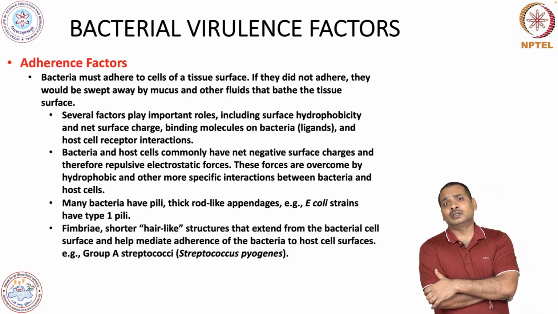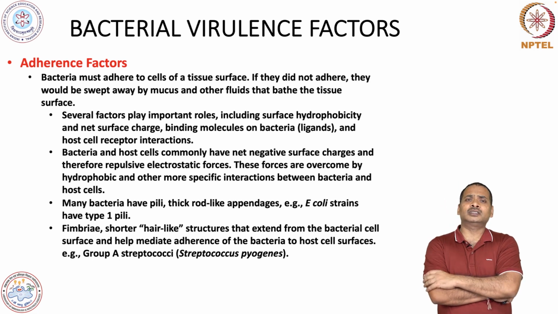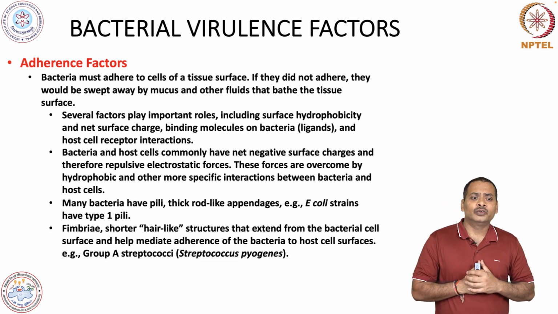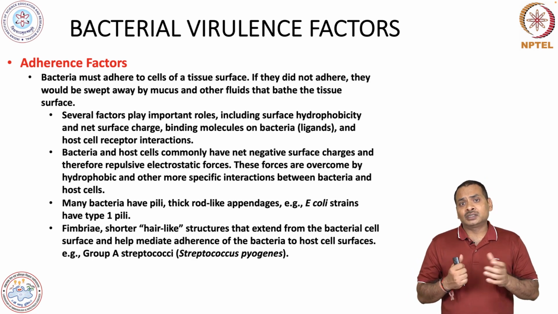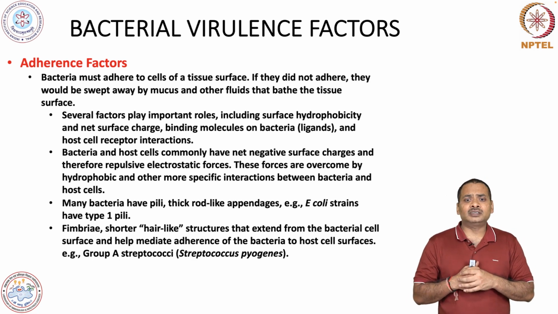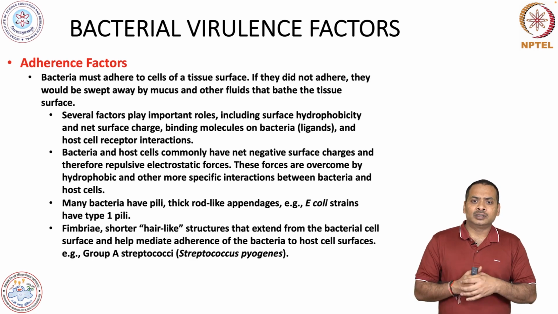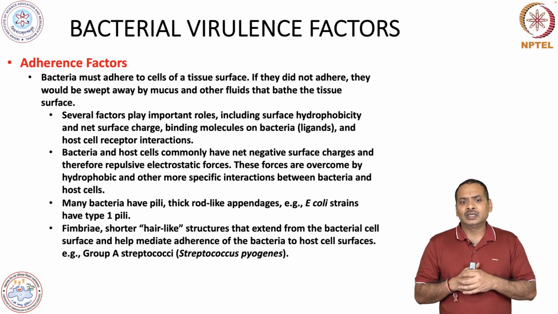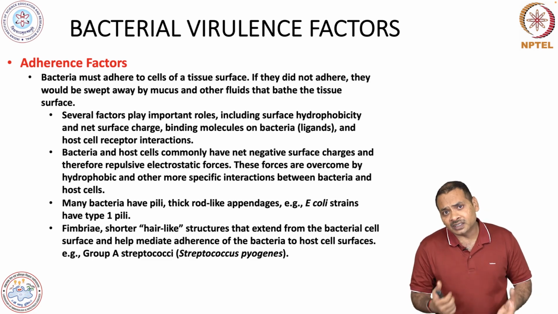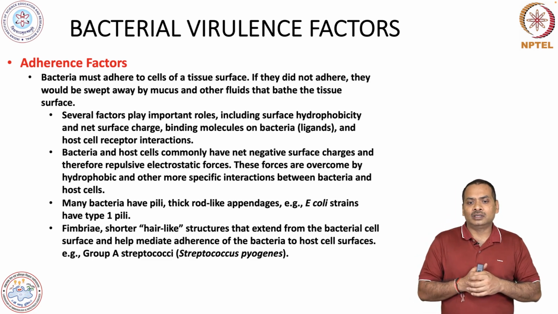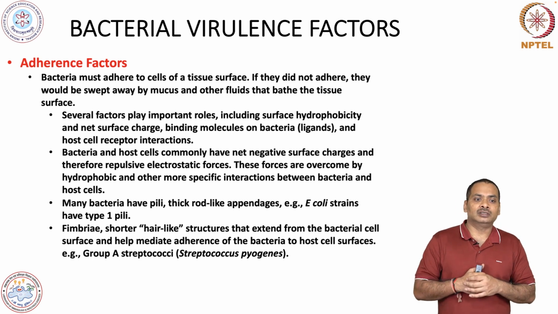There are also some short hair-like structures in some bacteria, which we call fimbriae, and this hair-like structure extends from the bacterial cell surface, and basically it mediates or facilitates the adherence of the bacteria to the host cell.